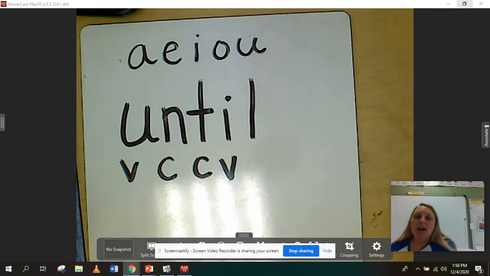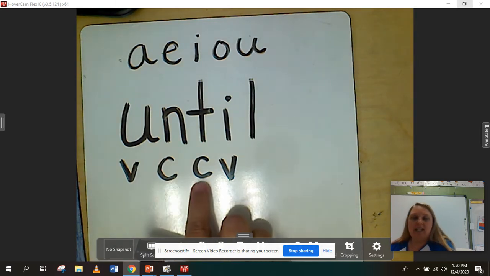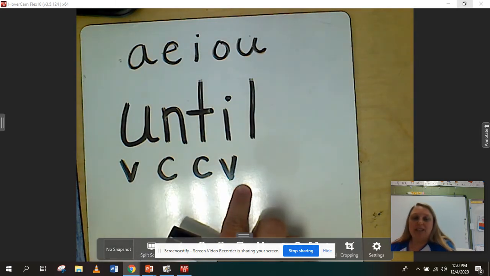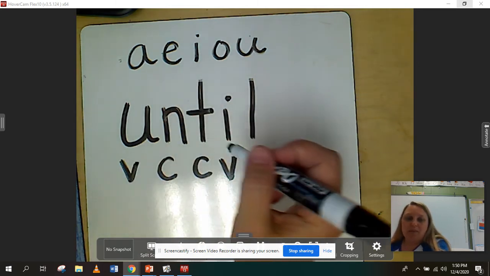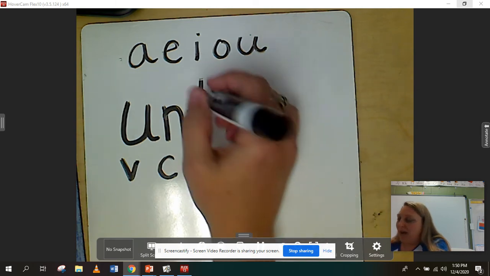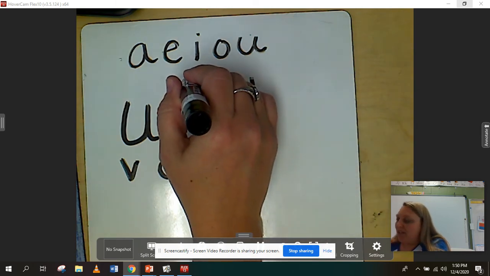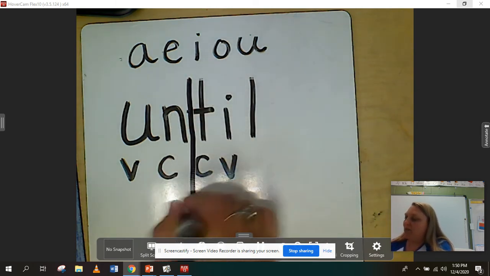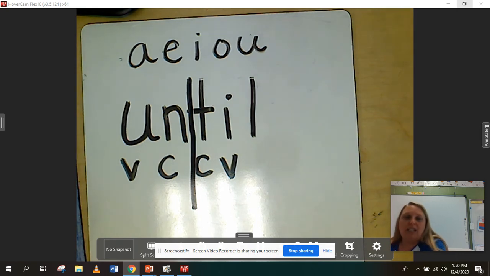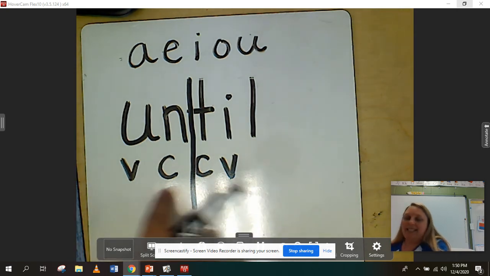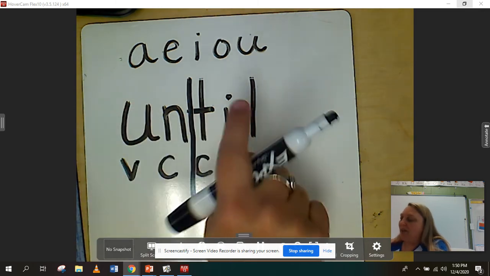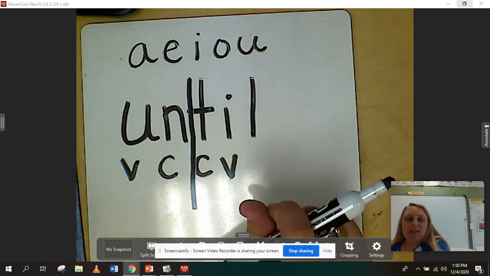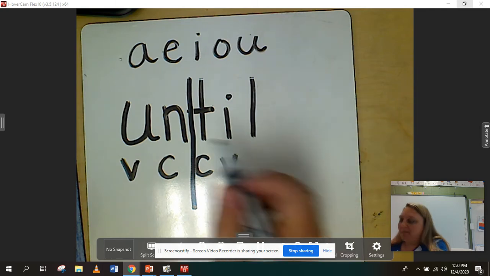All right, friends, what do we do when we get to a vowel, consonant, consonant, vowel? Yeah, we've got to divide this word between the C's. Remember my magic lollipop that we did? We took the lollipop and divided our word right down between the candy, between the C's. Then we can code this vowel, and then we can code this vowel, and then we can see what our word is.